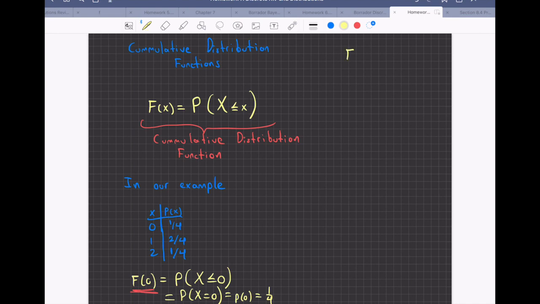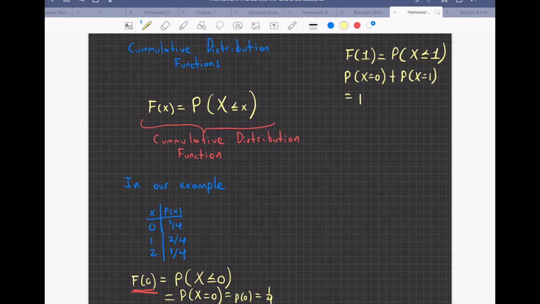What is F of 1? F of 1, by definition, is the probability that x is less or equal than 1. Less or equal than 1 means 1 or 0, because below 1 the only possibility is 0. This symbol means, remember, that we have to include 1. So this is the probability for x equal to 0 plus the probability of x equal to 1.